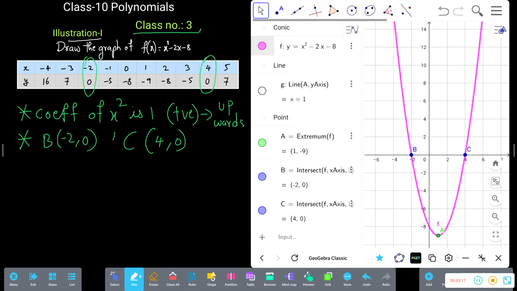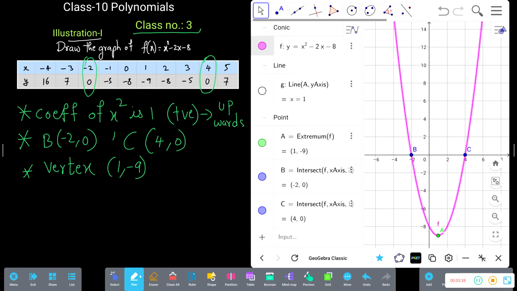Okay. So now the next important point is this A. A we call the vertex of the parabola. Here the vertex is 1, comma minus 9. What is the vertex? The bottommost point in this parabola will be called the vertex.